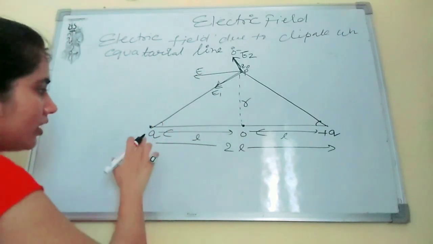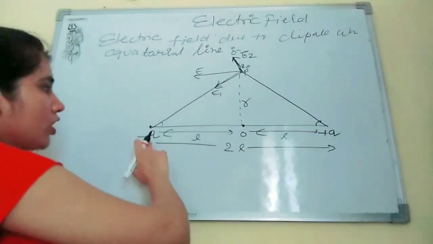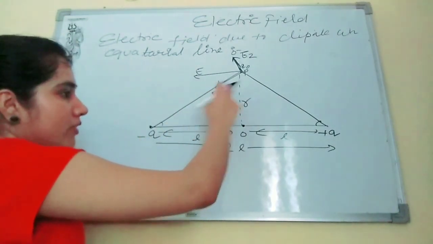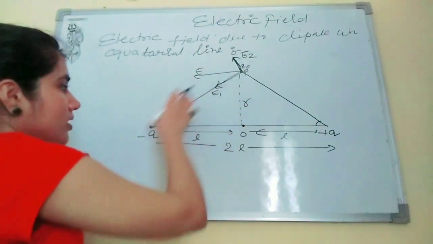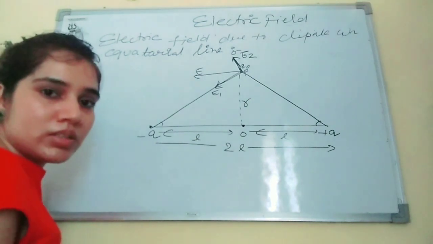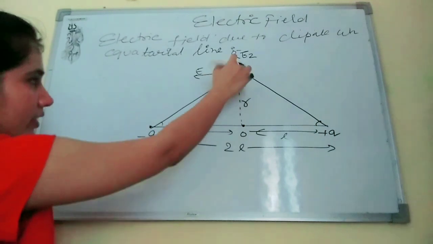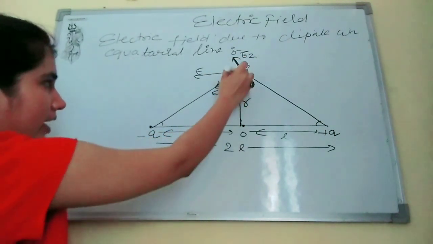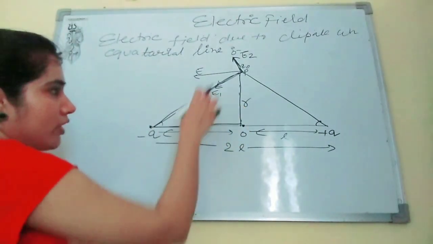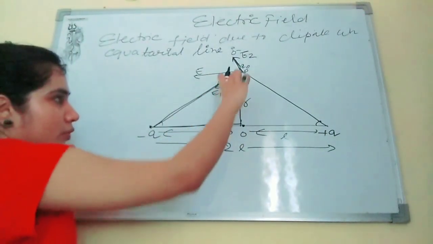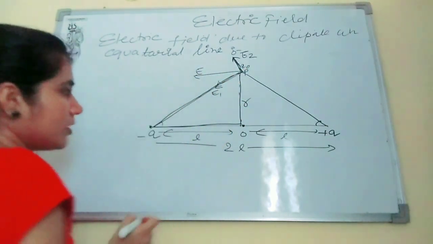Now just see, this is the point minus Q, this is the point plus Q. Because of this the field is E1, because of this the field is E2. Is this distance similar for both charges? Let's see. If we consider this triangle, it is a right angle triangle, with a base, a perpendicular, and a hypotenuse.